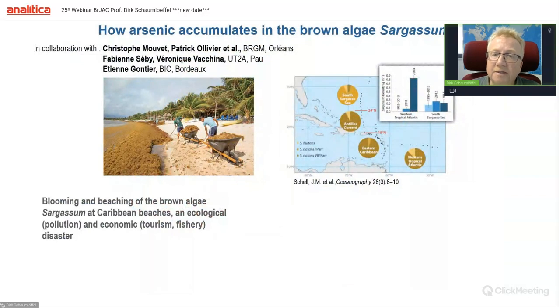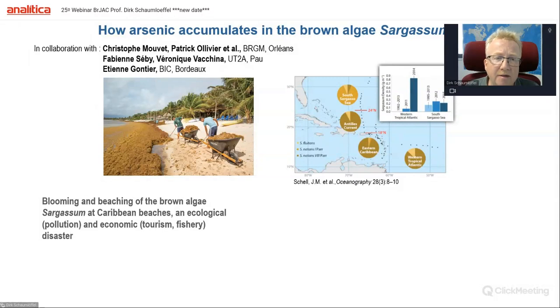Coming now to the next project, and this is more related to the environment. The question is how arsenic accumulates in the brown algae Sargassum, a tropical algae. It's a national project with different collaborators from Pau and also from other institutes in France.